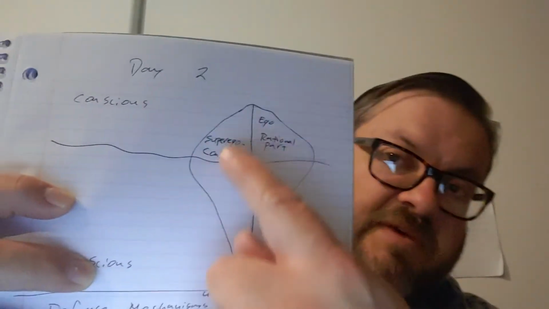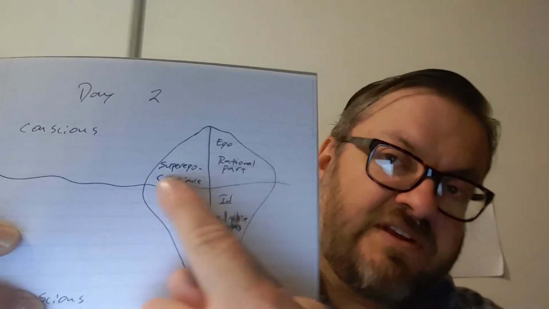Here's what I did: this is my iceberg, and I just wrote the definitions down here. The ego is your rational mind. The ego is the thoughts you choose to have. The id represents your primitive urges. So for ego, write rational mind, and for id, write primitive urges.